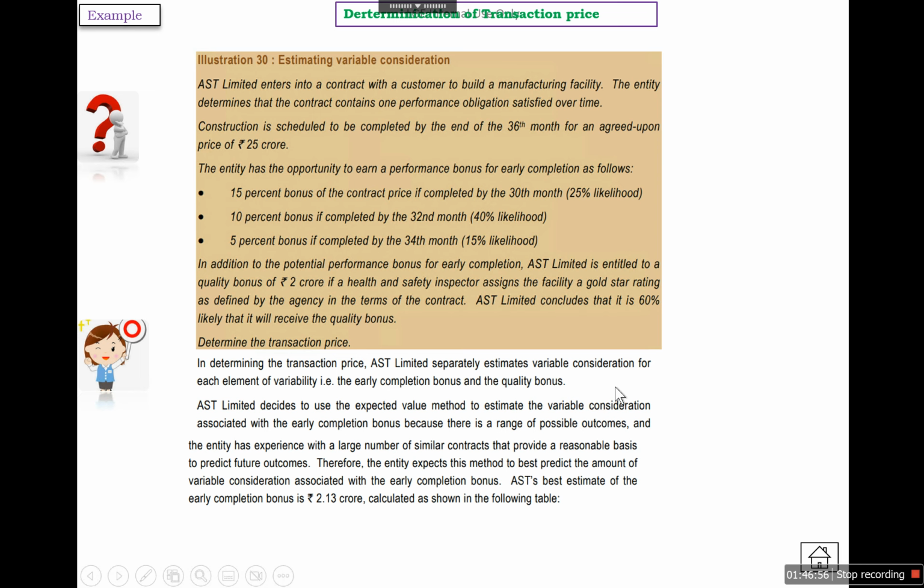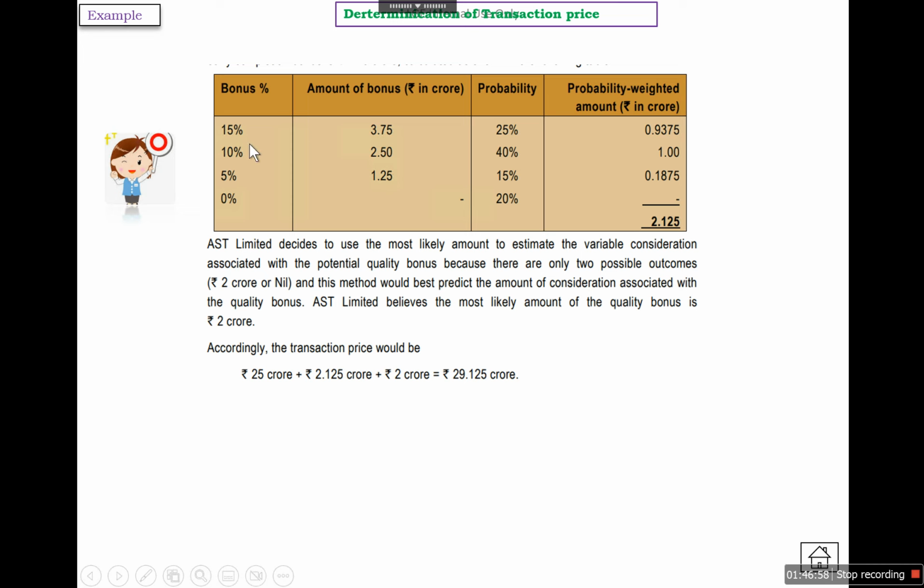So in this case we will check what the probability is. 15% bonus will be 3.5 and the probability of the 15% bonus is 25%, 10% bonus probability 40%, 5% 20%. So based on this, we need to calculate: 15% bonus amount is this and probability is 25%, so this multiplied by this will be the amount. Similarly, 10% bonus amount is this, probability is this, and this is the amount.